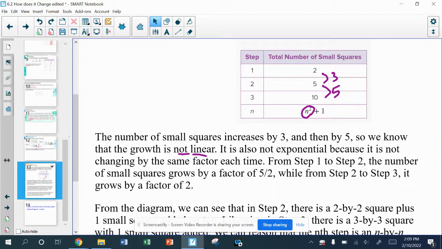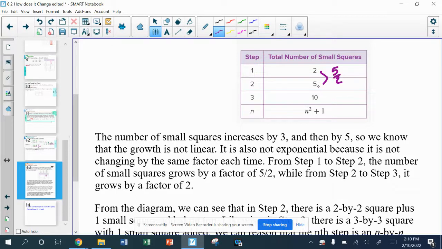To go from here to here, what would I multiply by? Usually we say this number divided by this number. So to go from here to here, I would multiply by a factor of 5 over 2. But to go from here to here, I would multiply by a factor of 2. Clearly not the same. They don't match, that just means that it's not exponential.